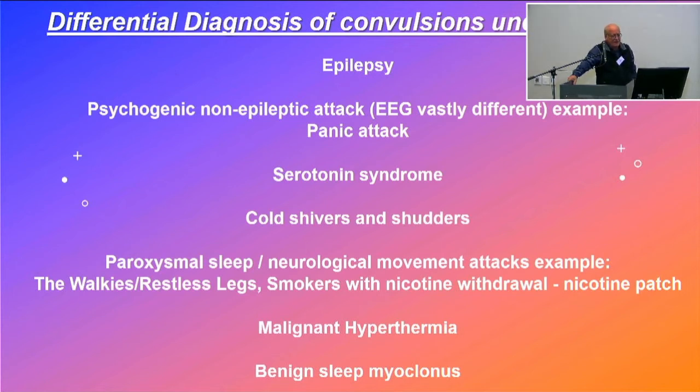Never forget serotonin syndrome that Prof had talked about. Then cold shivers and shudders. And that's why I made the difference with the temperature. Paroxysmal sleep, shivers, shakes, neurological movement attacks. Then this walkies thing. Smokers on nicotine withdrawal.